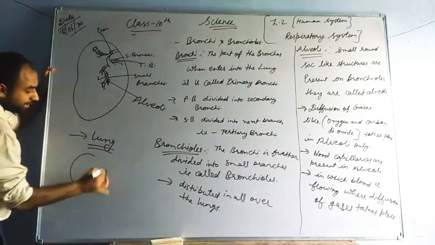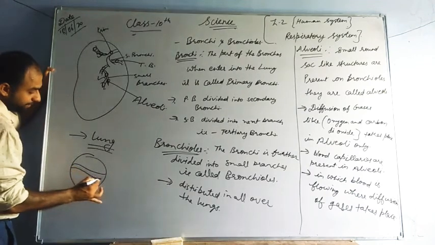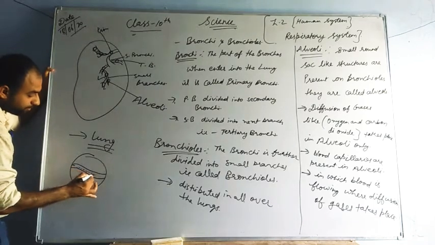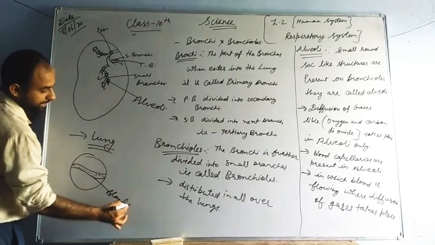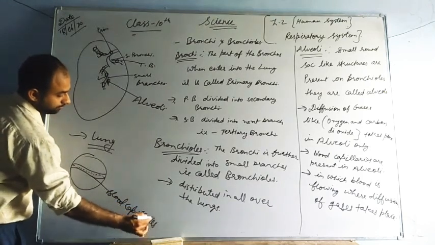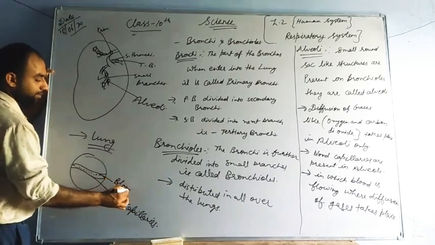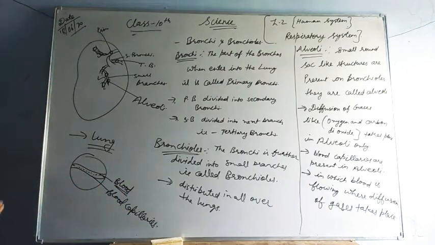Now, in these alveoli, actually blood capillaries are there, like this. Clear? In which blood is flowing. These are blood capillaries. Clear? This is what? Blood. So the blood is flowing in the blood capillaries.